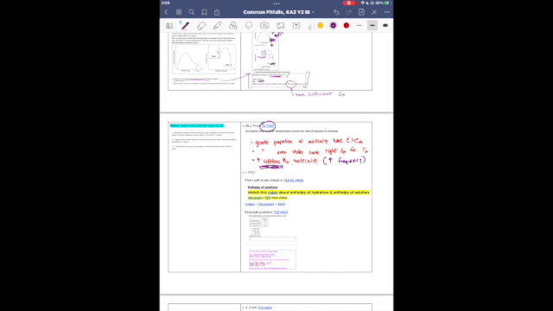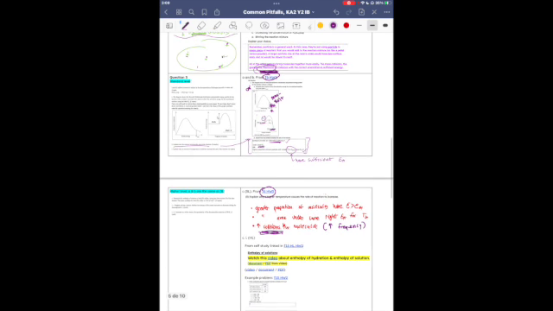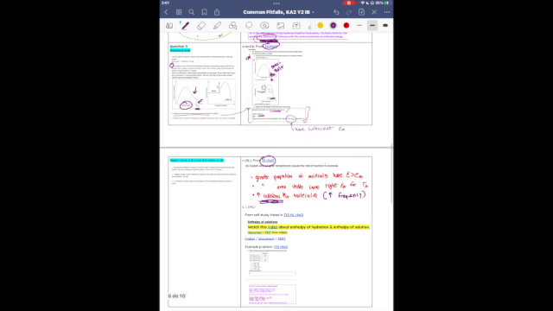The other piece there was remembering why kinetic energy matters so much. If we go back to A, it matters because of Maxwell-Boltzmann, because in order to react, we need the kinetic energy to be above the activation energy. So that was the other point, recognizing that if more molecules have a higher energy, then more molecules are going to be above my activation energy.